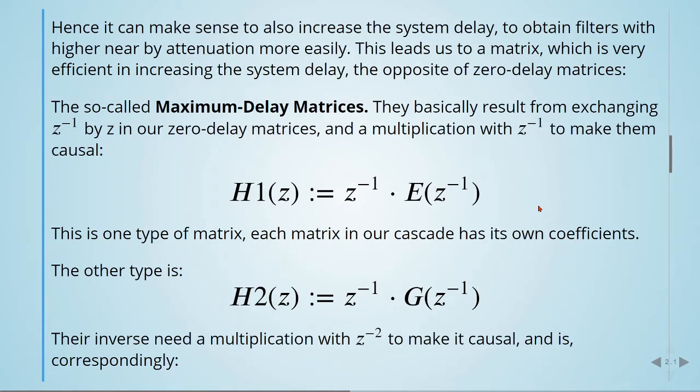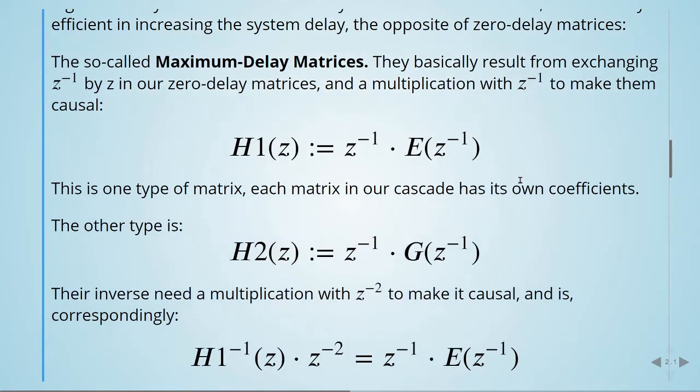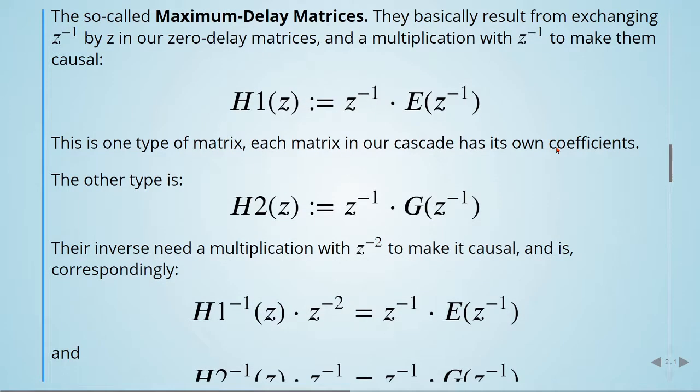They basically result from exchanging z to the power of minus 1 by z in our zero delay matrices and a multiplication with z to the power of minus 1 to make them causal. So this is what we are doing here. This is one type of matrix. Each matrix in our cascade has its own coefficients.